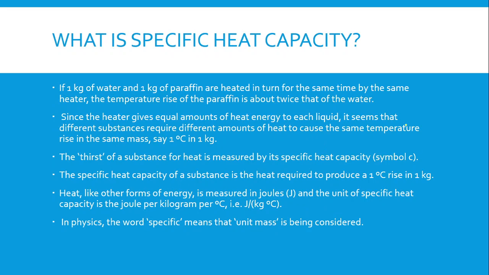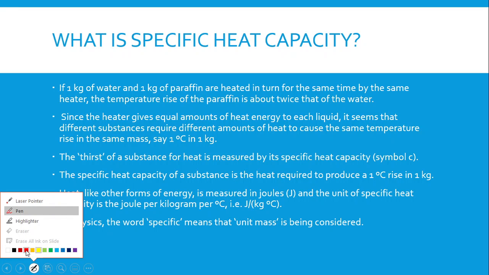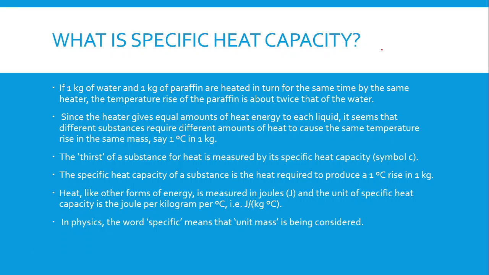So, what is specific heat capacity? In order to understand the main concept, let's imagine the scenario that there are two pots with the same mass of different materials. This pot over here contains water and it has 1 kg of water.